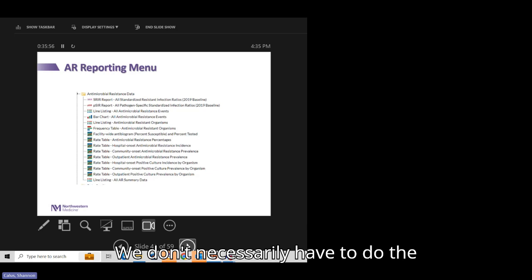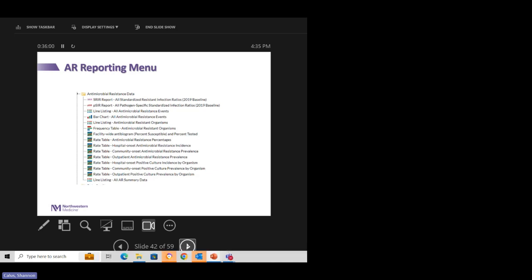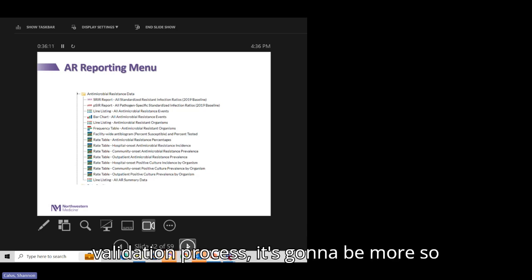We don't necessarily have to do the manual process of submission any longer. It's all linked in through Epic, so it just goes directly out through exportation. Okay. I know the lab will double check to make sure, like you're saying, the validation process. It's going to be more so on the lab side than on the pharmacy side. But yeah, they won't have to do everything. Good to know.